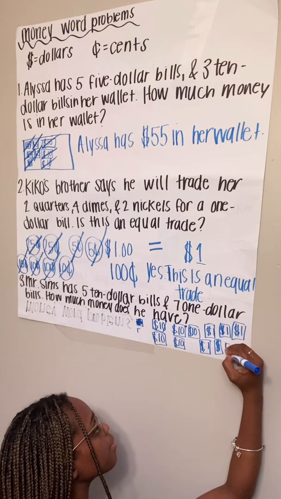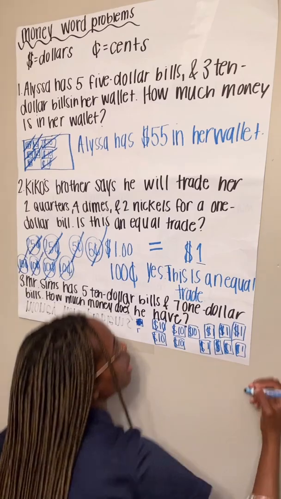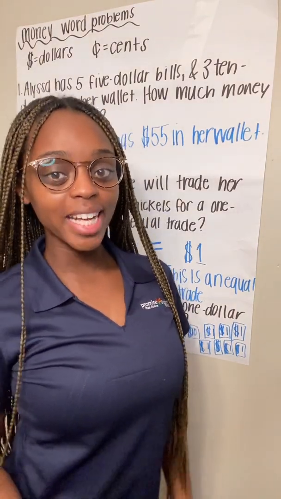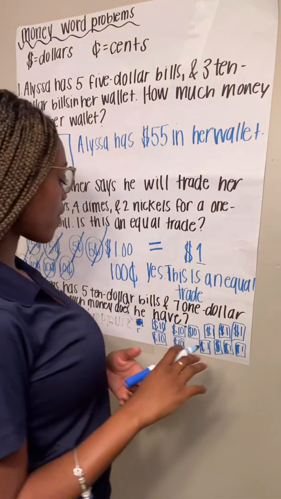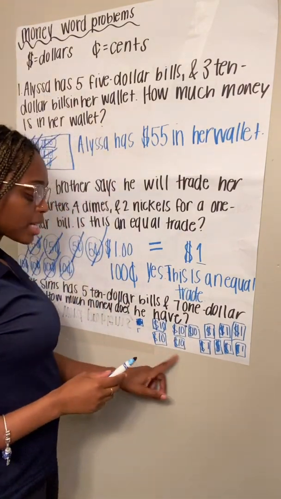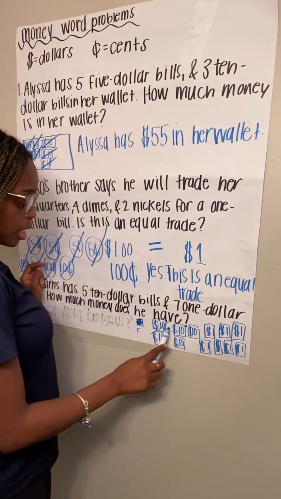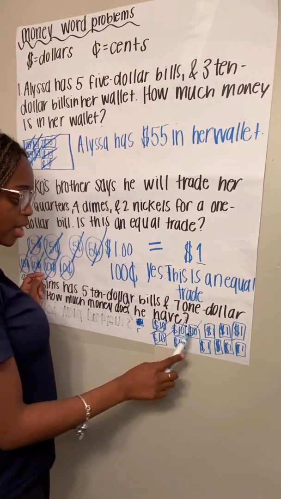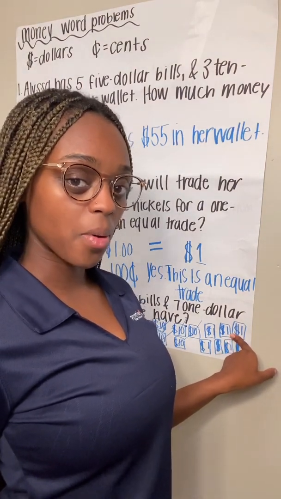As always, since we already have them in order, we're just going to count them and cross them off as we go. We're going to count by tens first because he has 5 $10 bills. So 10, 20, 30, 40, 50. Now that he has 7 $1 bills, we're going to count by ones.